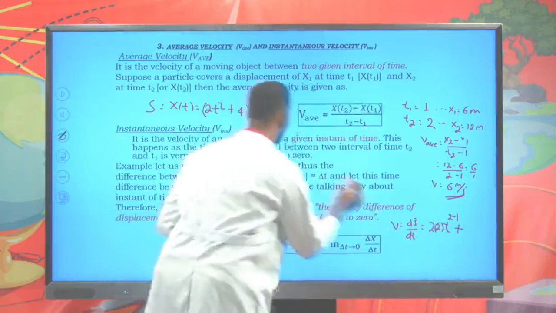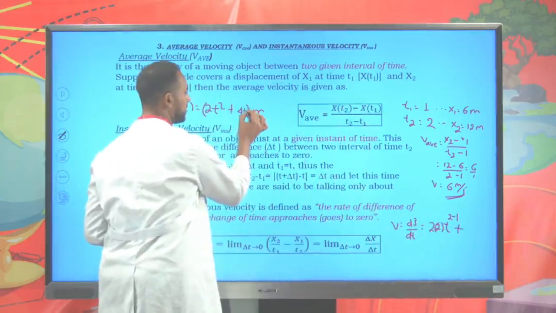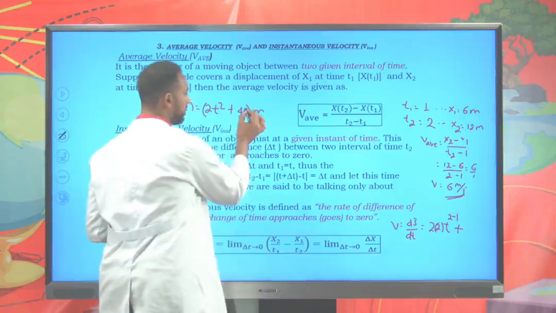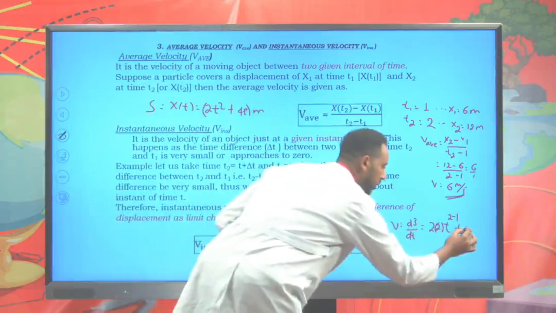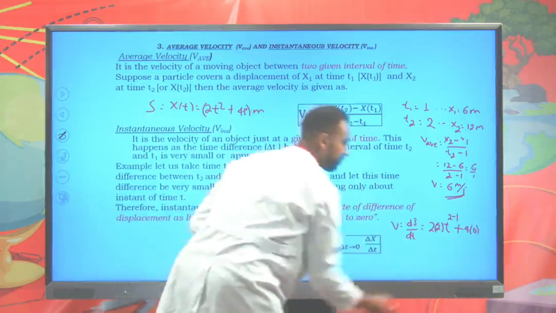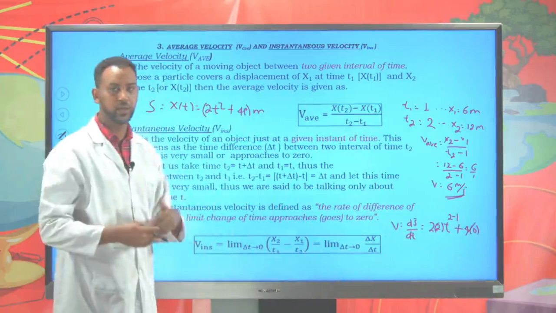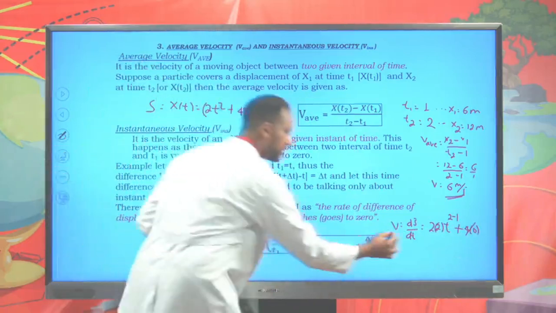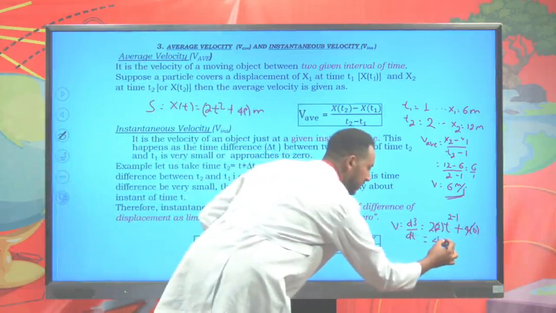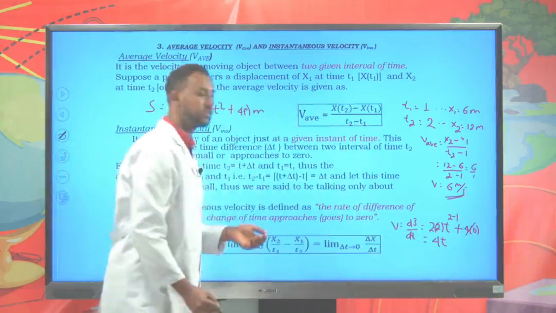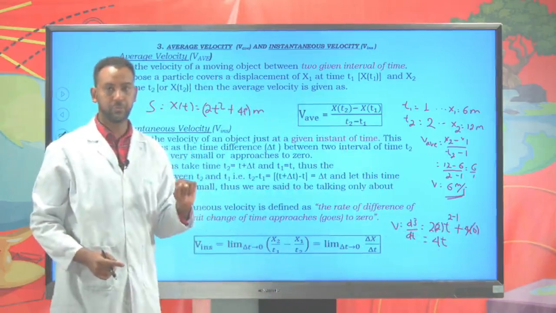Plus 4 has no power, which means it is to the power of 0. Whenever you derive a constant number with respect to time, it is 0. Therefore, this gives us 4 times t. 4t is the velocity with respect to time.